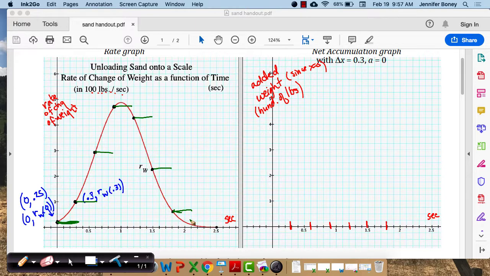So if we use these 1, 2, 3, 4, 5, 6, 7 rates, we would have a way to estimate the accumulation for the first 2.1 seconds, which should make sense. 7 rates, each for 0.3 seconds, 2.1 seconds worth of accumulation.